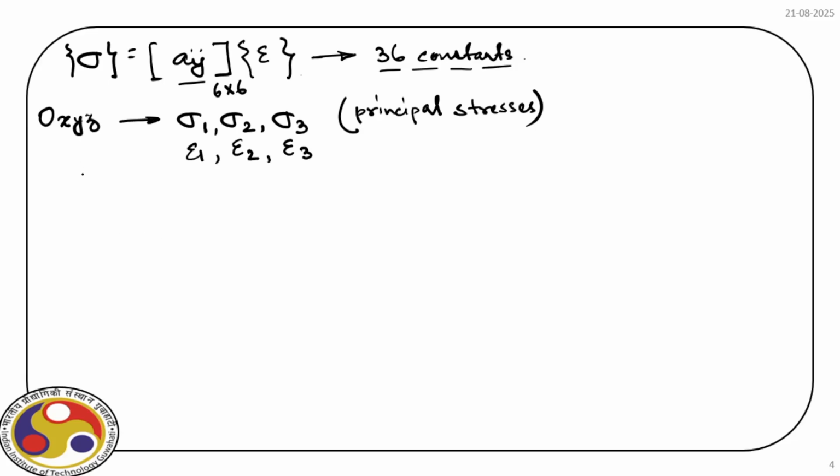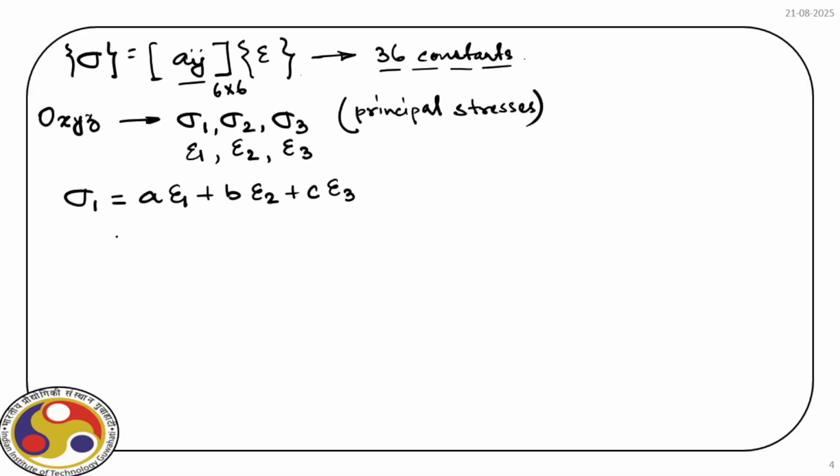Now, if we try to correlate these three components of stress and strain, what we get? Sigma 1 is equal to, say, A times epsilon 1 plus B times epsilon 2 plus C times epsilon 3, because we have principal components and along principal planes we will not have shear stress and shear strain, right?